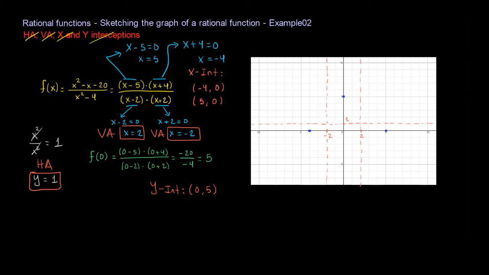So now we just have to draw the curve. As for the x intercept, it's down here. You will have to start from here and draw your graph below the horizontal asymptote. Now, as you started from the left bottom side of this asymptote, you have to continue on the top right.